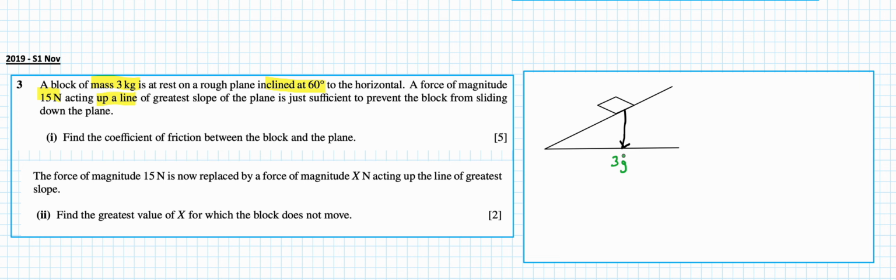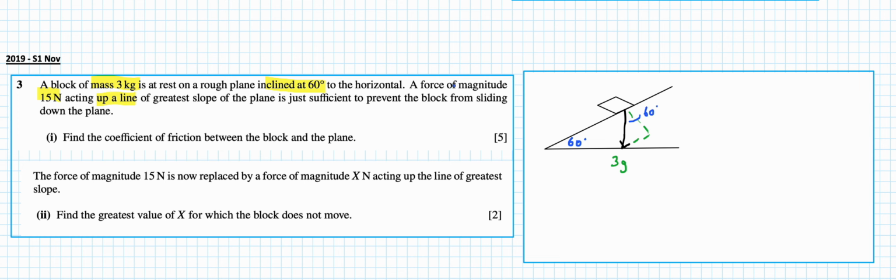We'll see. The first thing we need to do is find the coefficient of friction, so find μ. Put our angles and our forces onto our diagram first of all. And we have R as well.